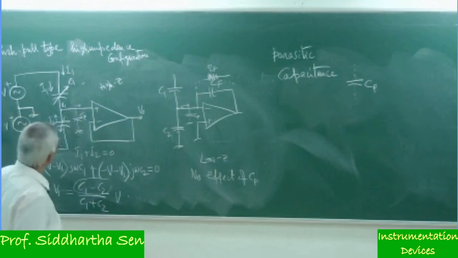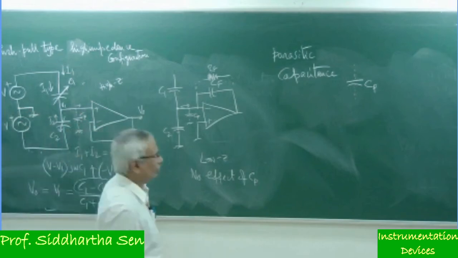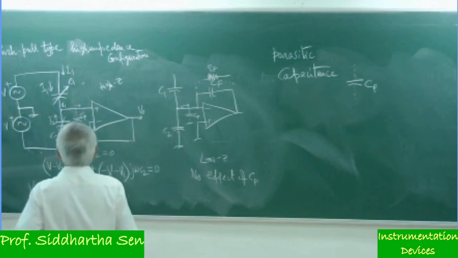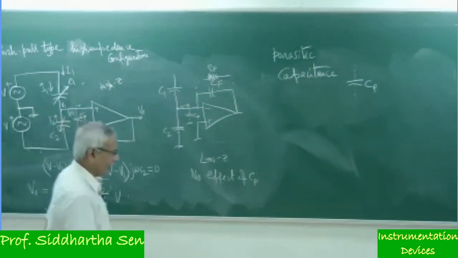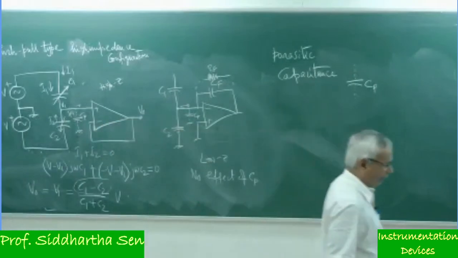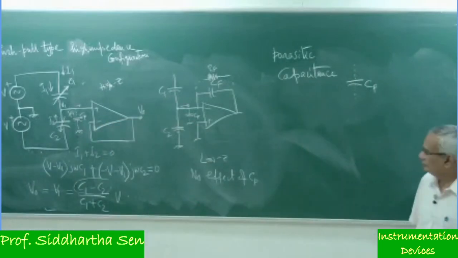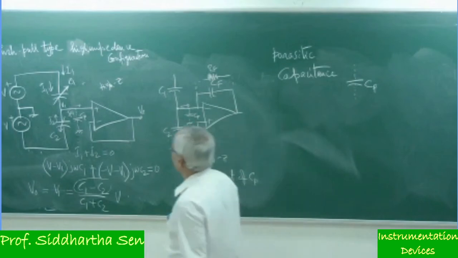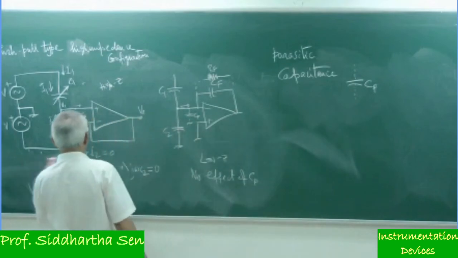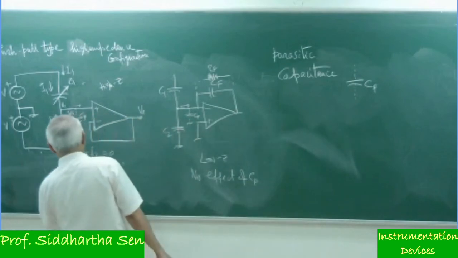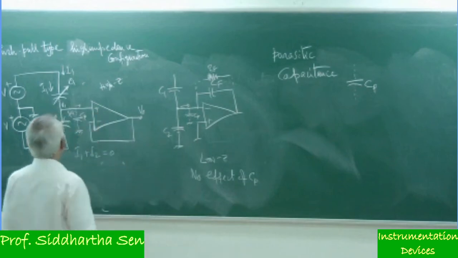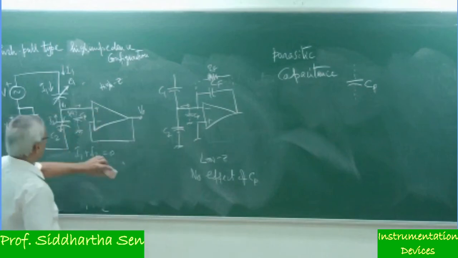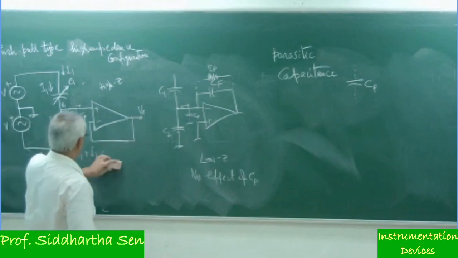Here we cannot tell it, because here you can say that this is your IP, and in that case what will happen is that Kirchhoff's law, this is grounded, this potential is V1, so we cannot say that this will be satisfied.